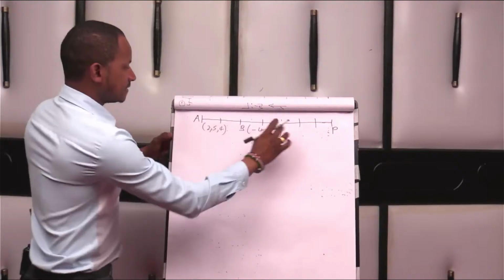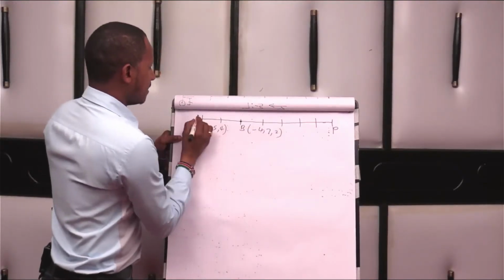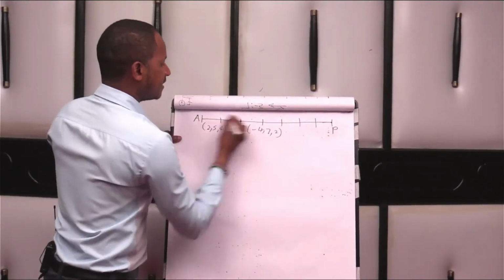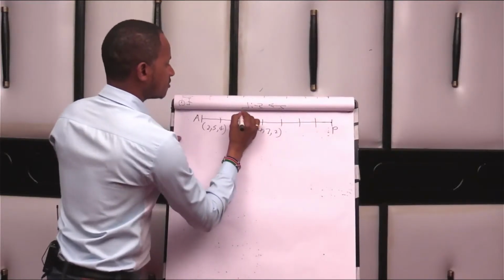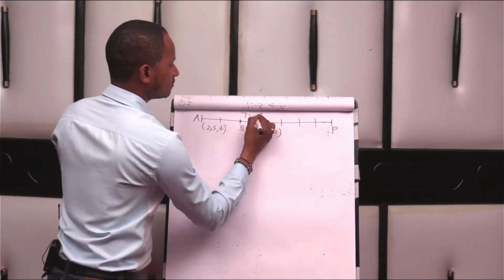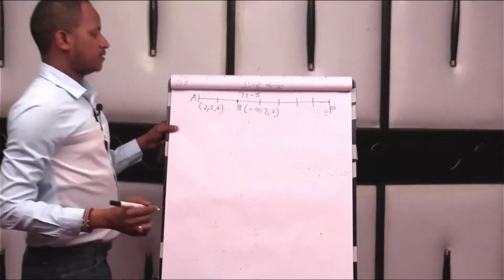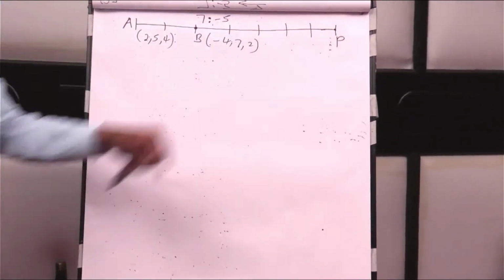So the point P divides AB in the ratio of 7 to minus 5. So we want the coordinates of P.